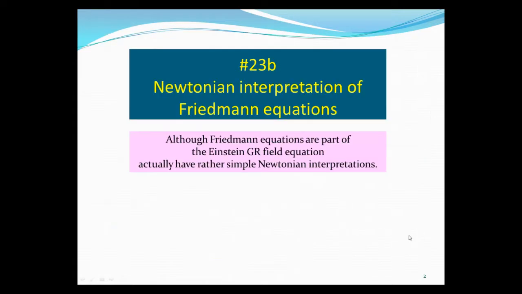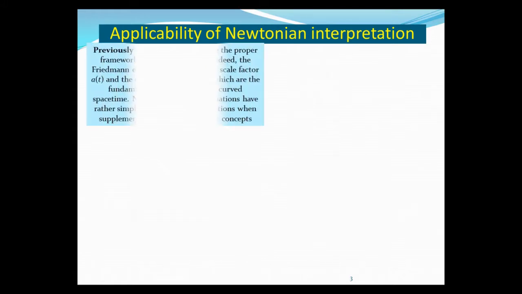Okay, on to the second part of lecture 23, the so-called Newtonian interpretation of the Friedmann equations. Although the Friedmann equations are part of the Einstein GR equations, these Friedmann equations actually have rather simple Newtonian interpretations. So the question is whether a Newtonian interpretation is applicable here.